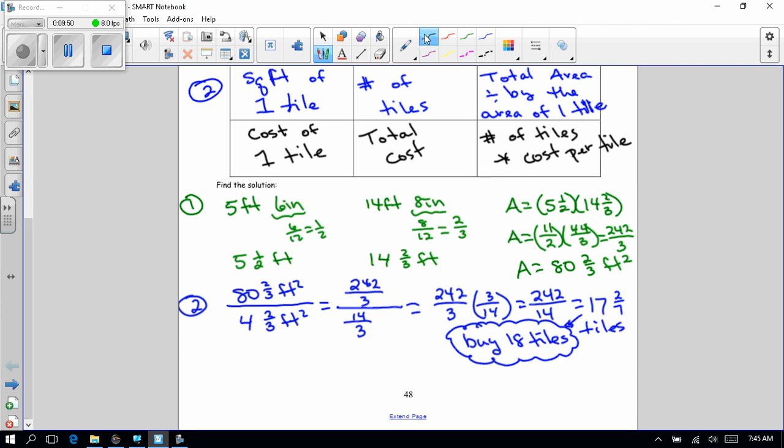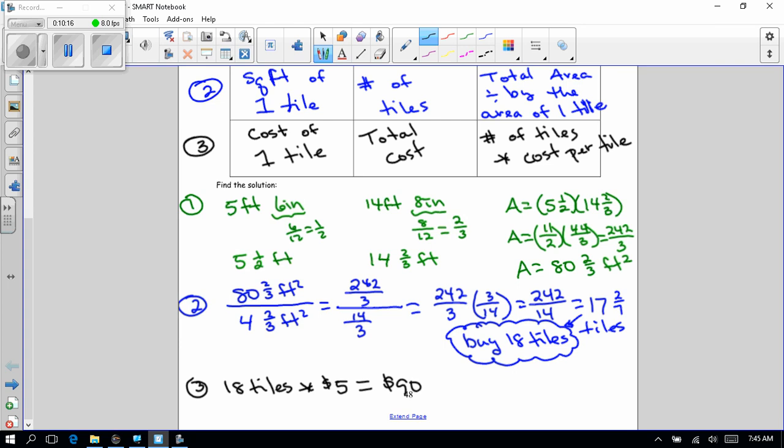All right, last thing we're going to do is part 3. Now we just got to figure out, do we have enough money? So I know that I'm buying 18 tiles, and I know the cost of the tile is $5. So I grab my handy dandy calculator and I type in 18 times 5 and I get $90.